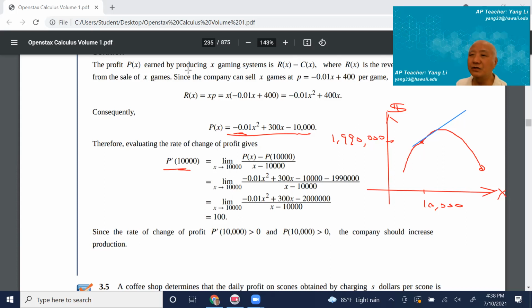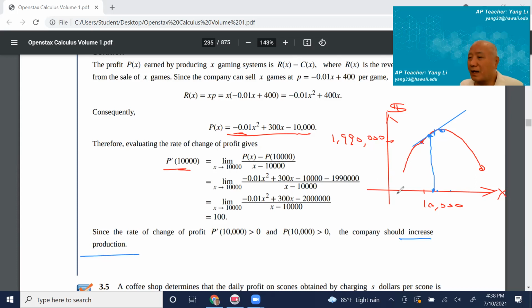If you continue to produce more, before you reach the highest point here, you still get an even higher revenue, profit there, right? So at this moment, the company should be increasing the production.